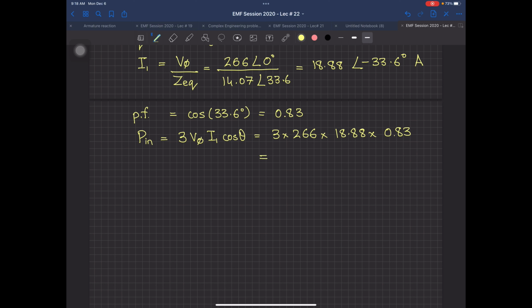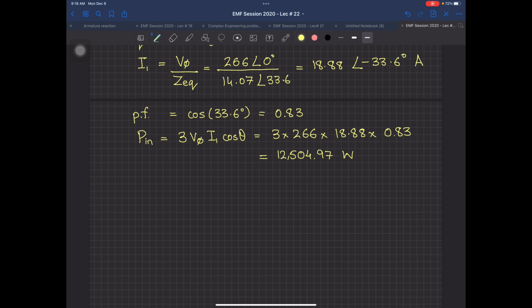Please multiply these four values and give me the input power. 12,504.97. Please don't miss the units, watts. This is always in watts.